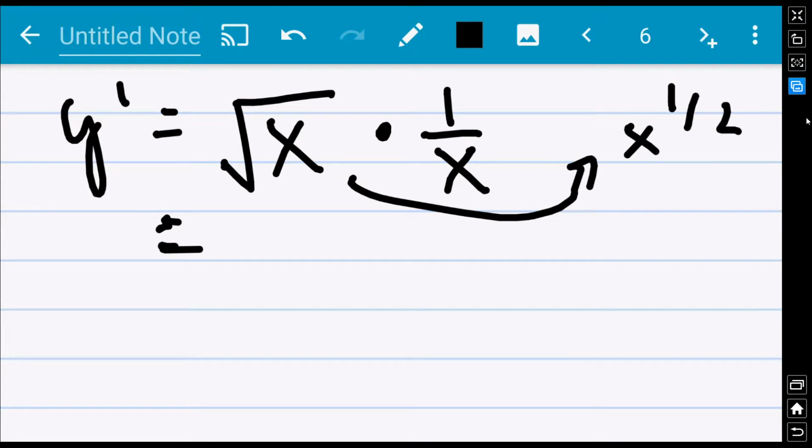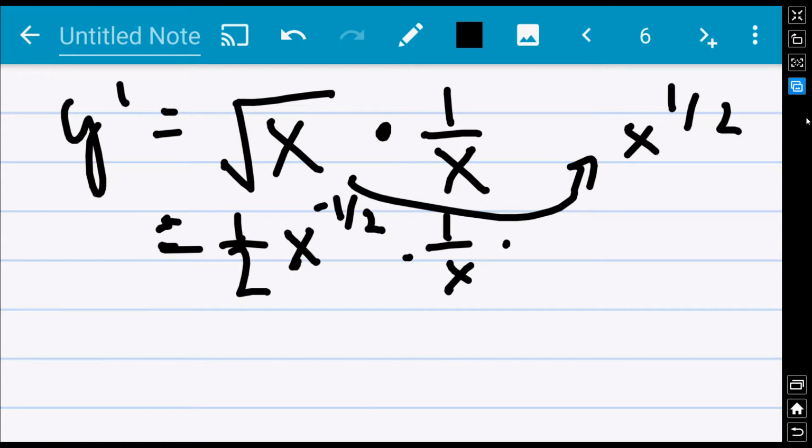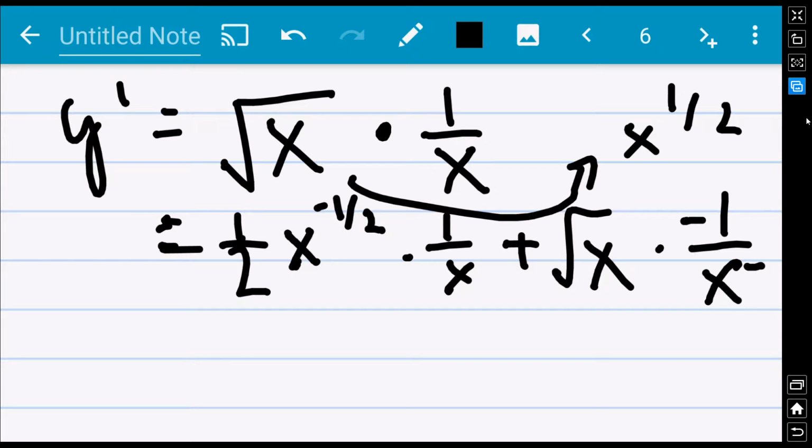So if we take the derivative of that, it's going to be 1 over 2 x to the negative 1 over 2 times 1 over x, plus root x times negative 1 over x to the 2. Because what is 1 over x? 1 over x is x to the negative 1.